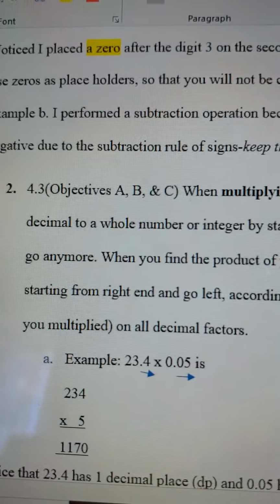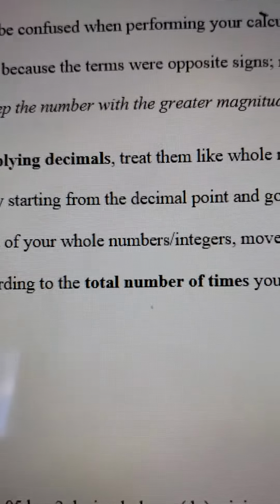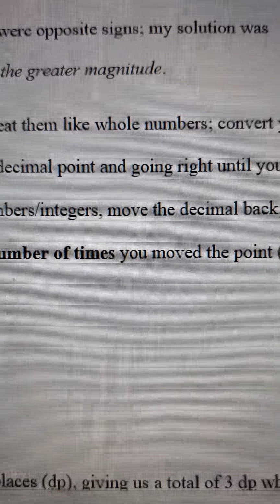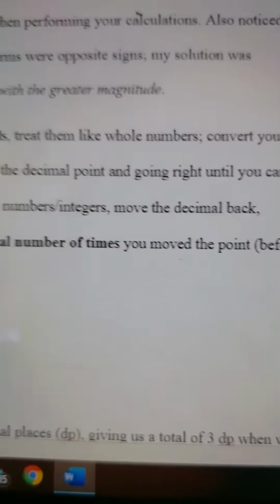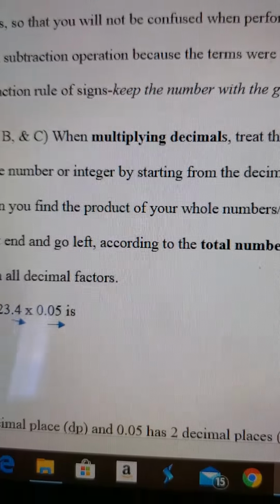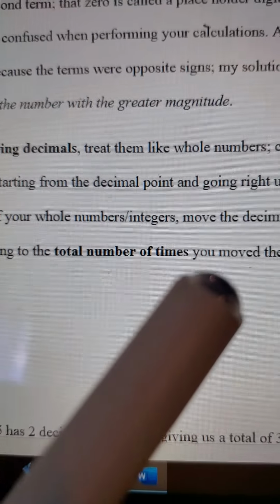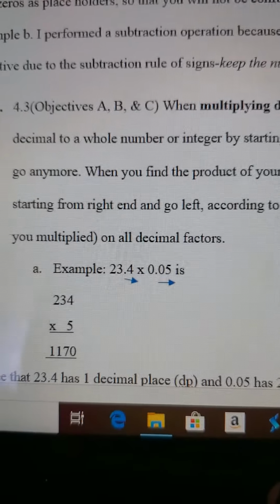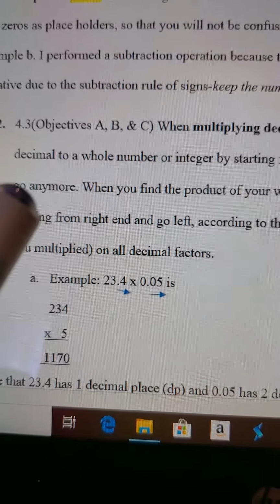So what I love about multiplying decimals is, as I mentioned in my notes, that when multiplying decimals, you treat them like whole numbers, right? Convert your decimal to a whole number or integer by starting from the decimal point and going right until you can't go anymore.